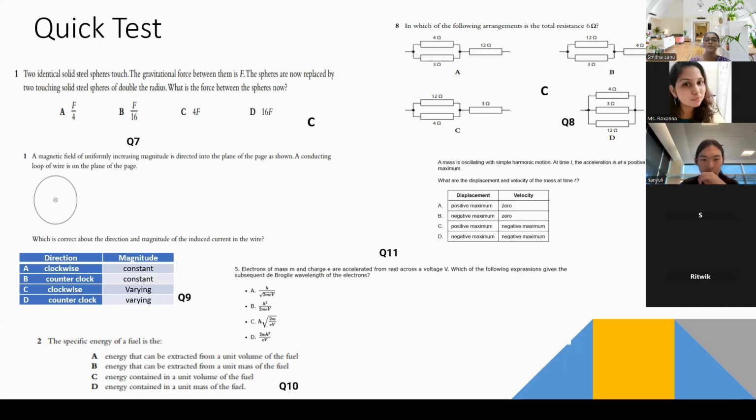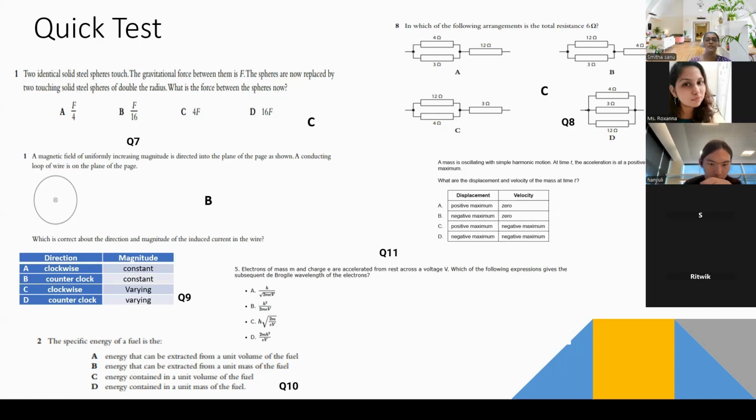Is it clockwise or anti-clockwise? And is it a constant current or a varying current? Anyone? Okay, I can see a response here. B, Ritvik, counterclockwise and constant. You're perfectly right, Ritvik. Well done. Your answer is B. Good.